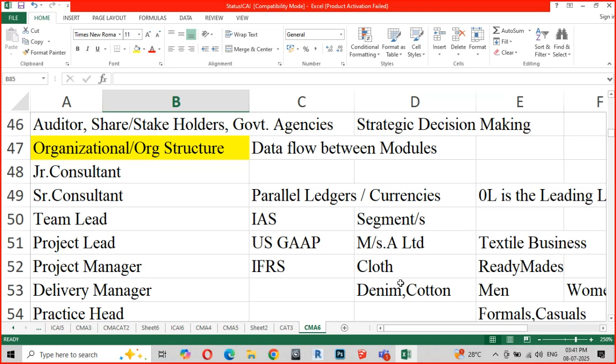Satisfying the legal requirement of reporting in your base country is taken care of by the leading ledger. And for all other countries' legal reporting purposes, I have my non-leading ledgers. I hope I was clear in letting you know what leading and non-leading ledgers are.